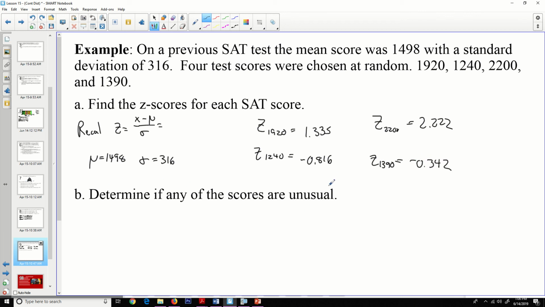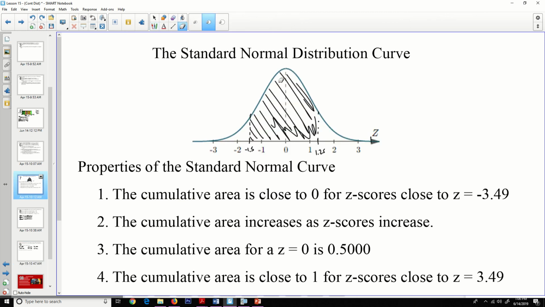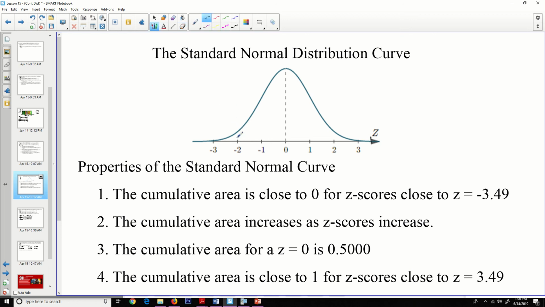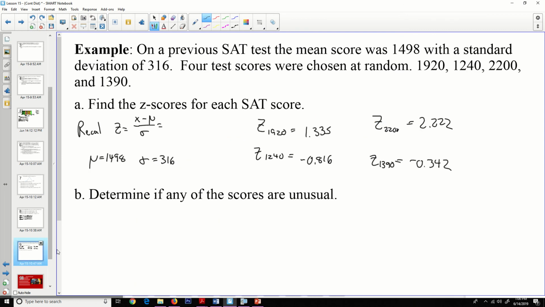Determine if any of these scores are unusual. If we recall the empirical rule, 95% of all of the values are going to be inside 2 standard deviations. So anything that's more than 2 or less than negative 2 is going to be considered unusual, and we only have one value right here.